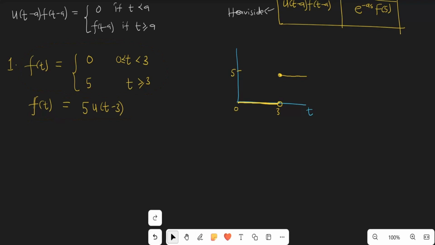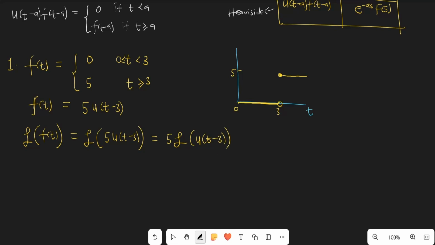The Laplace transform of f of t, that's the first question, is equal to the Laplace transform of 5 times u of t minus 3, which is 5 times the Laplace transform of u of t minus 3.